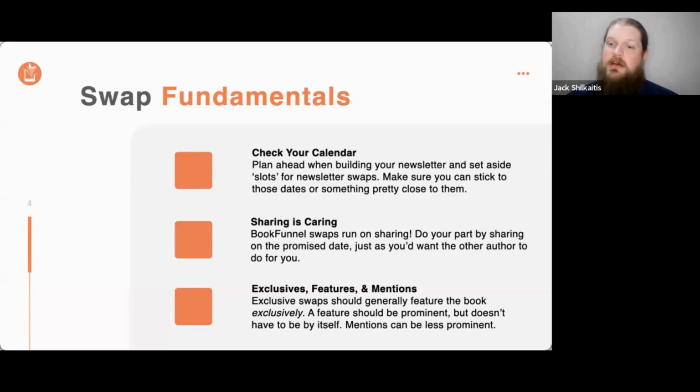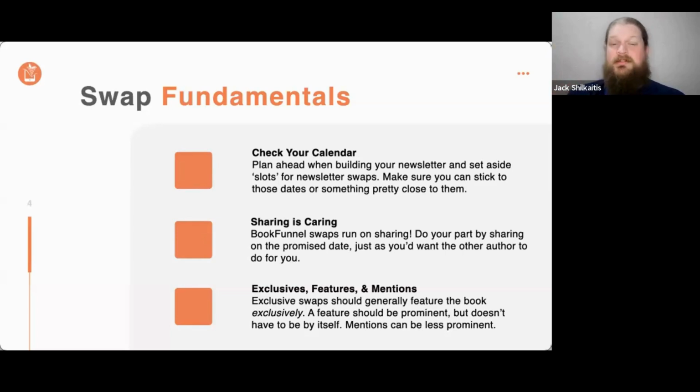That means that you could have 2 or 3 swaps that you're doing on the same date, and you are sharing with your readers on that same date. A feature should be prominent, right? But it doesn't have to be by itself. It might be above the other books that you're doing swaps for that day. A mention can be less prominent.